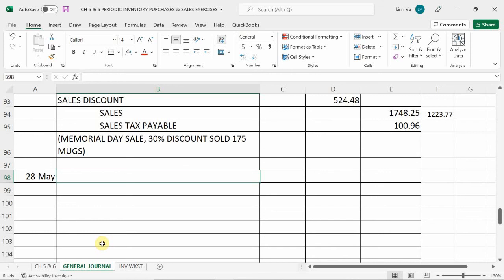What kind of account? A revenue account? No. They're trying to pay me for the stuff, but they're not giving me cash. So if they're charged on their credit card, where does the money go? Accounts payable?